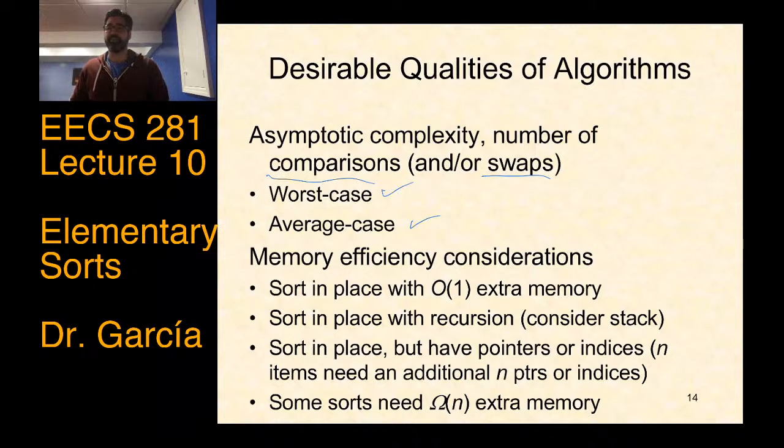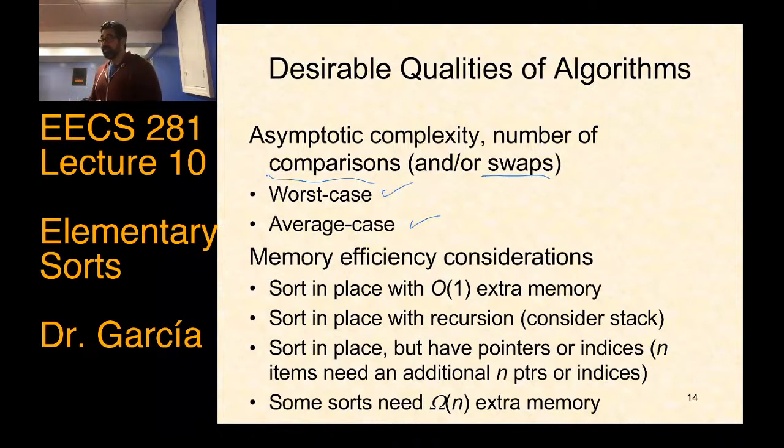I mean, we will talk about it, but it is almost never interesting. So the main two that we'll be talking about are worst case and average case analysis. For elementary sorts, we really concentrate more on worst case. When we talk about quicksort, we'll talk about average case.